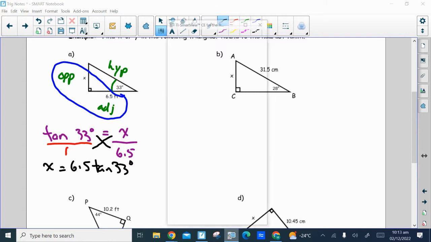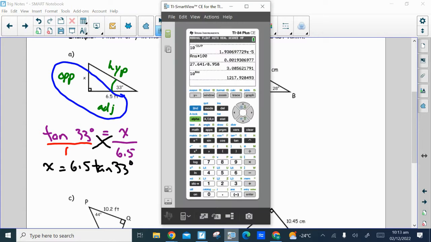The reason I did it this way, I'm going to show you. Remember yesterday we said your calculator has to be in degree mode for this to work, and mine is. So I'm going to go 6.5 times the tangent of 33 degrees is 4.2. That's our answer for x.